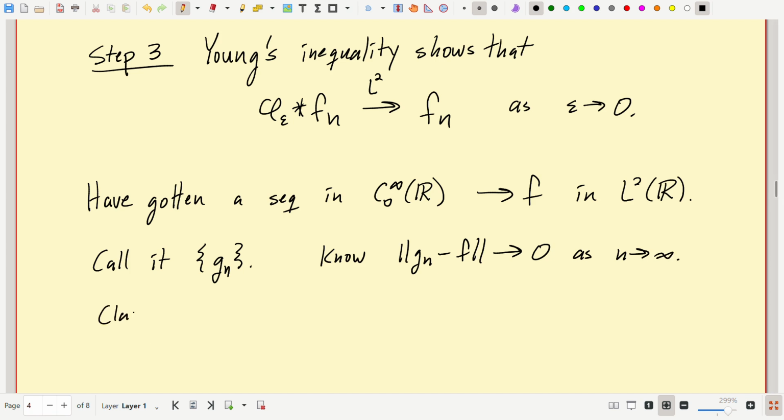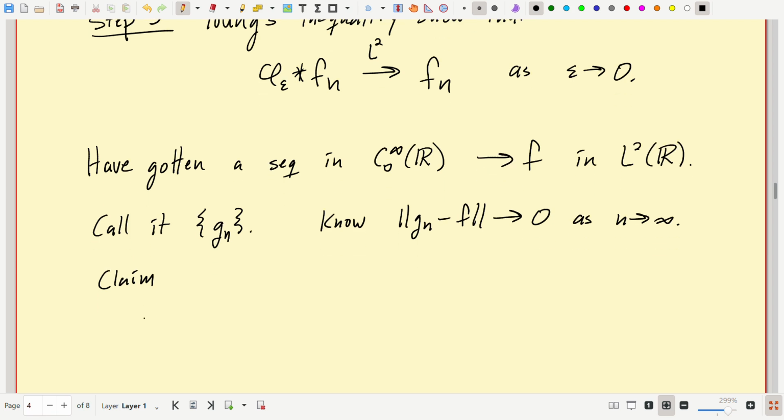I want to use the Plancherel identity to get a Fourier transform of f.